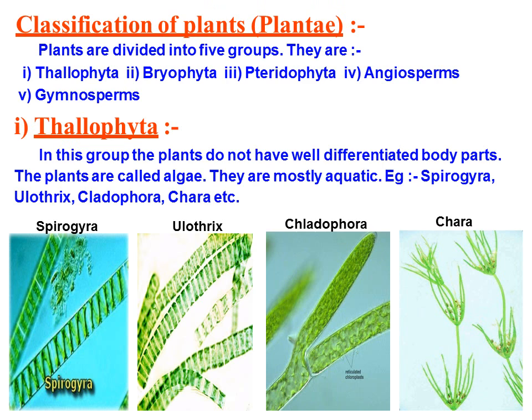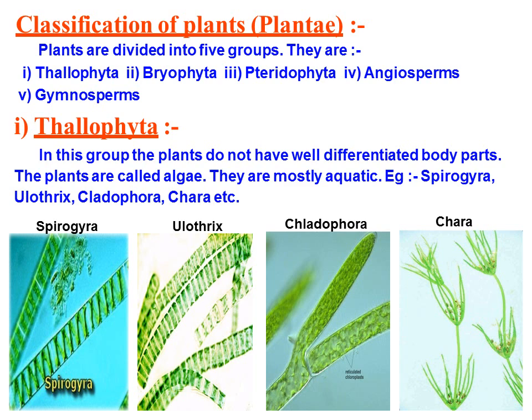As we know, plants are divided into 5 groups: thallophyta, bryophyta, pteridophyta, angiosperm and gymnosperms. So let's talk about thallophyte. In this group, the plants do not have well differentiated body parts. Algae is a good example of thallophyte.